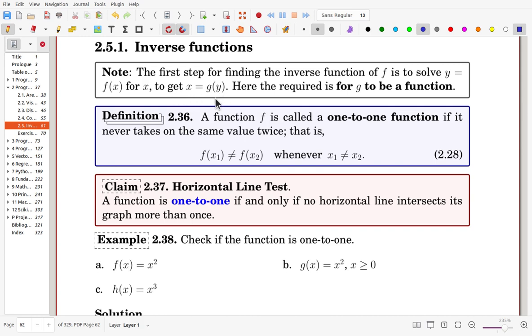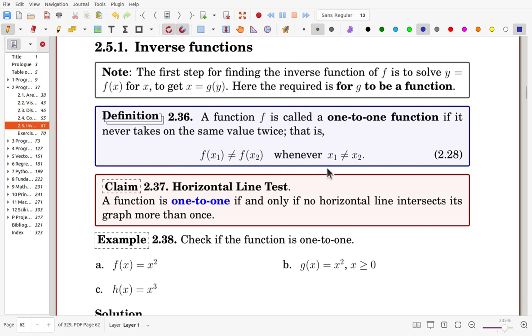Here, the requirement is for g to be a function. To satisfy this requirement, we need some requirement for the function f. Function f is called a one-to-one function if it never takes on the same value twice.